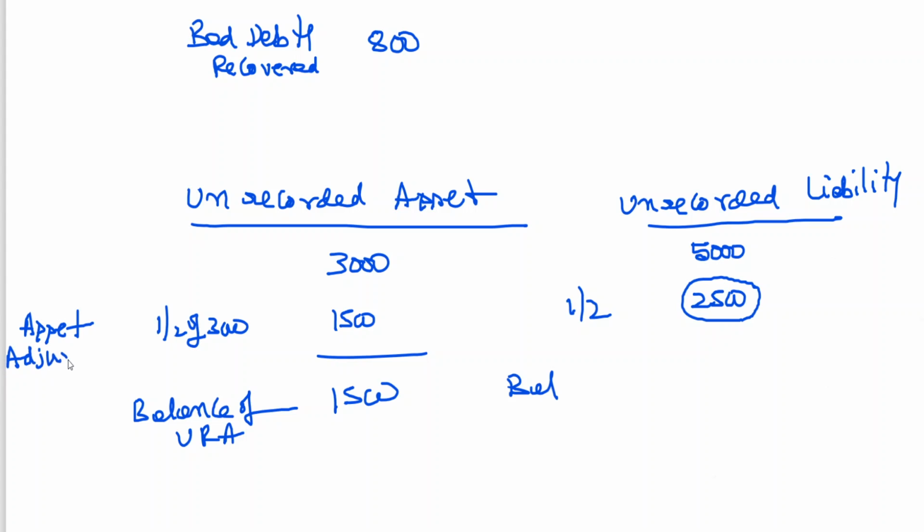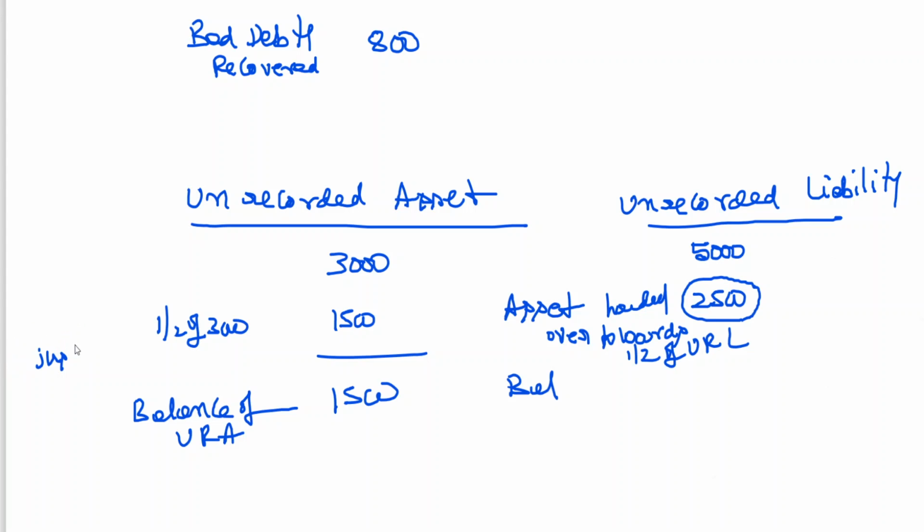Asset adjusted. Half of unrecorded asset adjusted towards half of unrecorded liability.